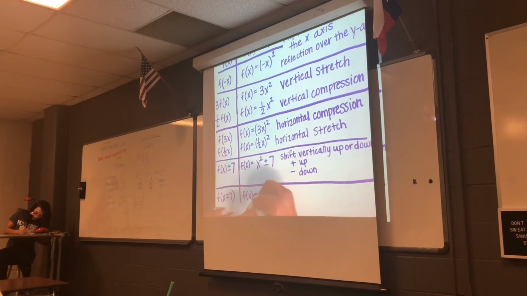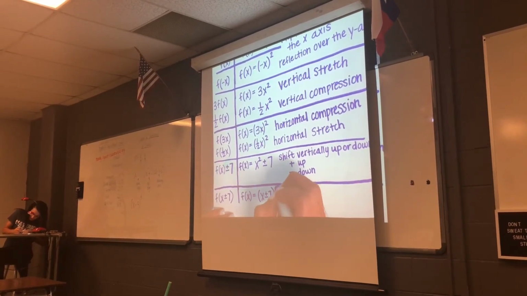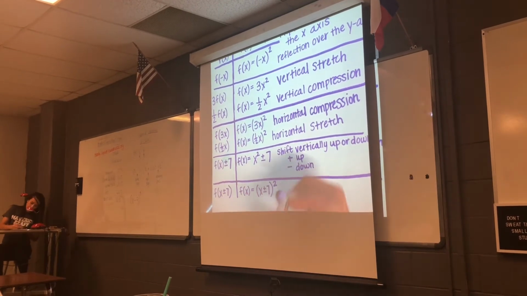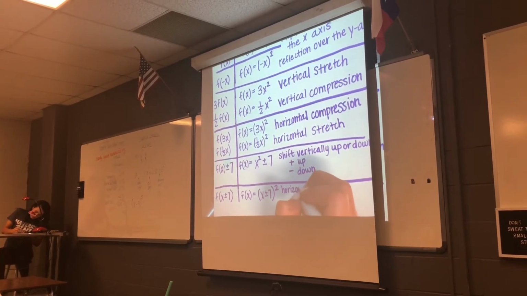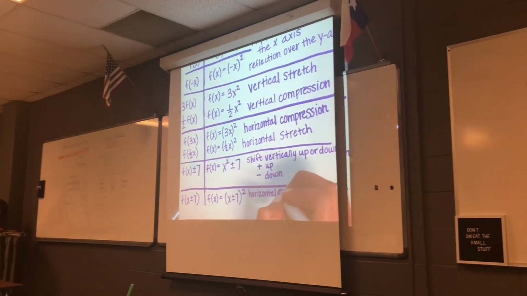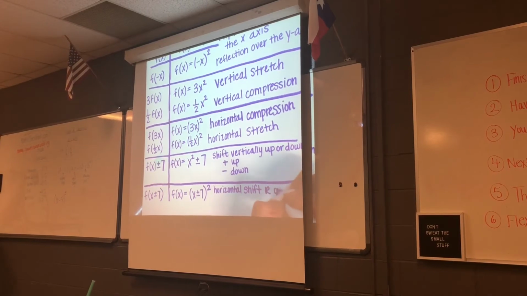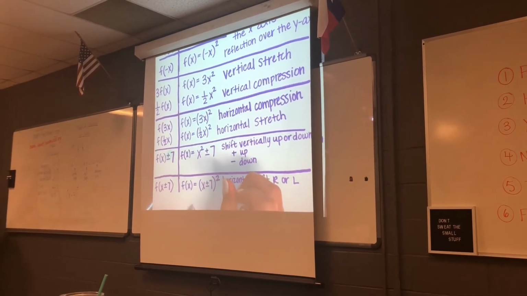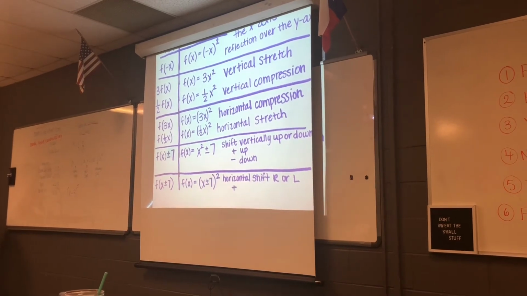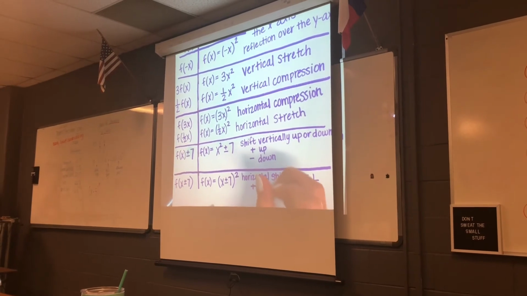So this would be like x plus or minus 7 in the parentheses squared. It is a horizontal shift, meaning it would go right or left. If it is a plus sign, which direction is it going to go? It goes to the left.